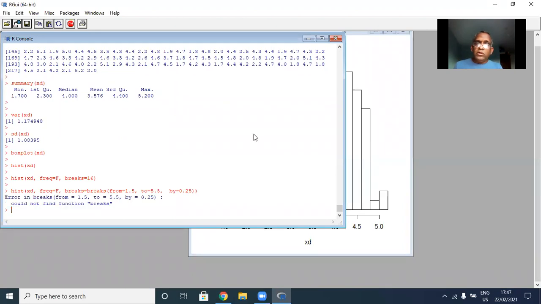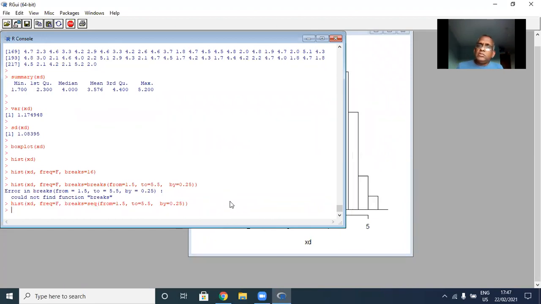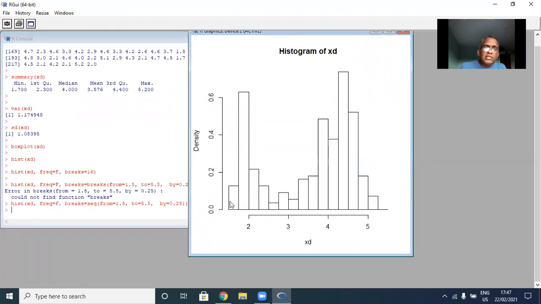And you will get a plot. Look, what did I do? Breaks equal to C should be sequence, sorry, SEQ. This is what you will get. So here the breaks are defined from 1.5 to 5.5 in steps of 0.25. So each bar is of length 0.25.